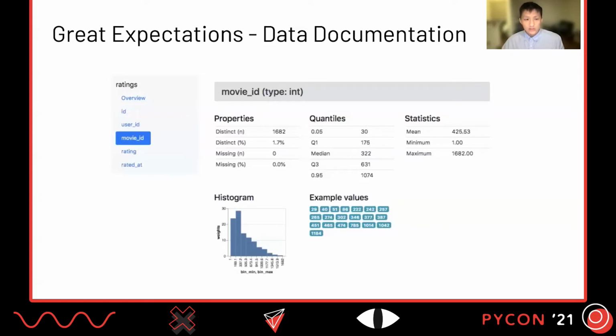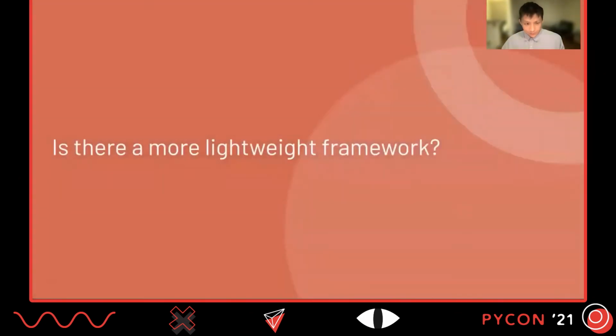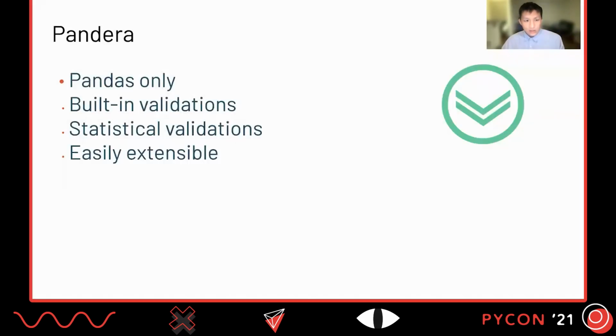For our specific use case, attaching Great Expectations to model training makes a lot of sense because we can really explore extensively. But for our inference pipeline, we may need something lightweight. And that's why we have to search for a more lightweight framework. That's where Pandera comes in. Pandera is a pandas-only data validation framework.